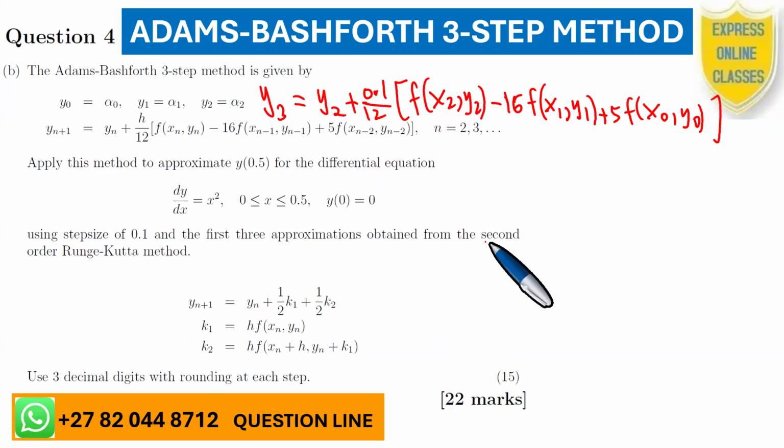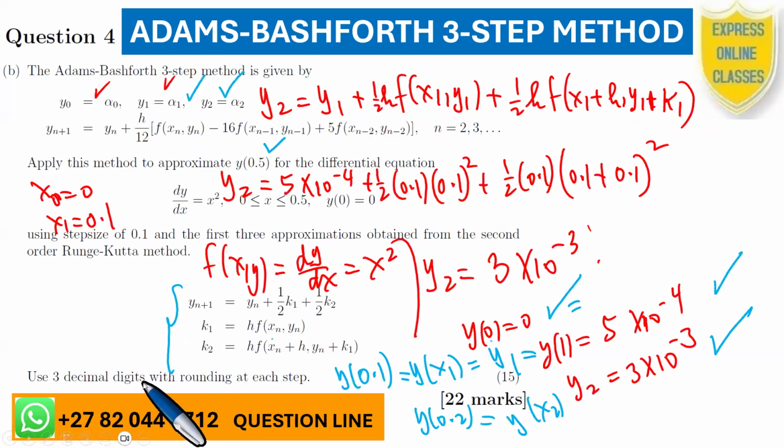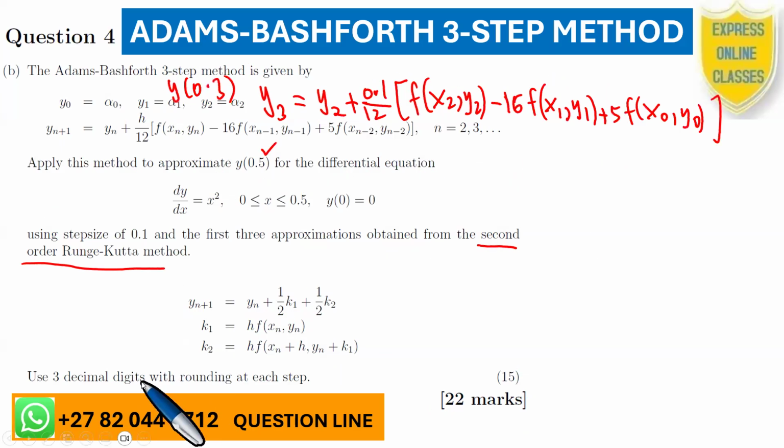So we're already done with the second order Runge-Kutta method, and now we are using the Adams-Bashforth three-step method. It gives us y3, y at 0.3, but we must go up to 0.5. Okay, so now let us continue with the process.